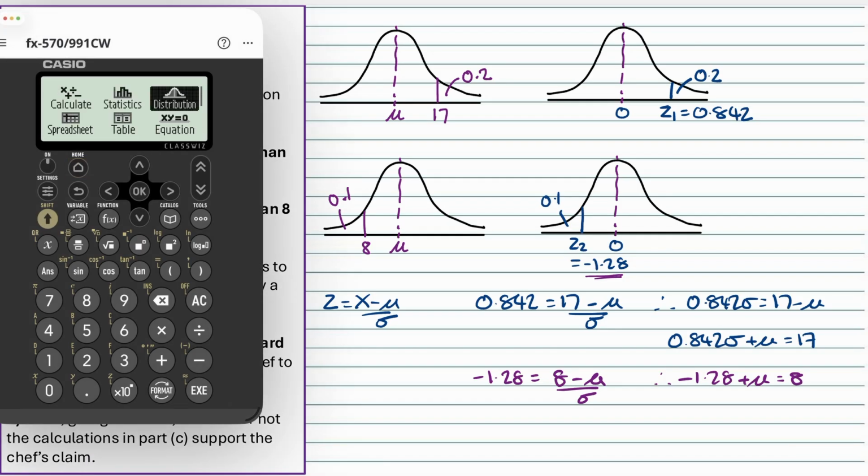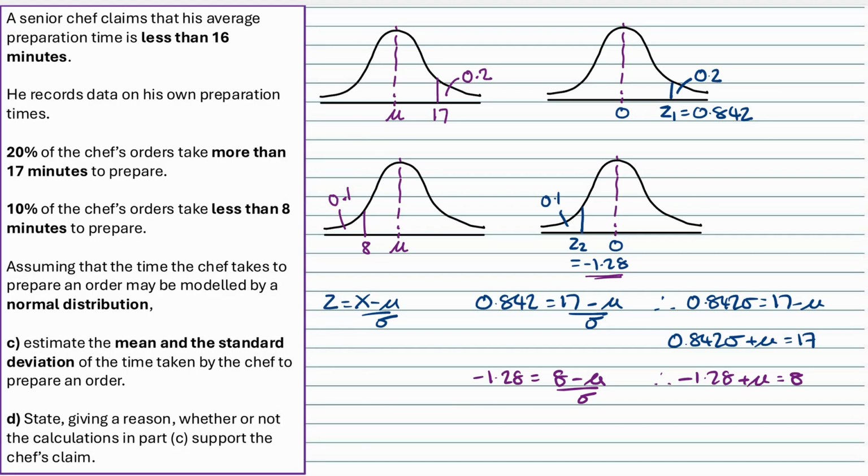I'll choose home, equation, simultaneous with two unknowns. The first equation, we've got 0.842, 1 and 17. And then for the second one, this should say negative 1.28 sigma.